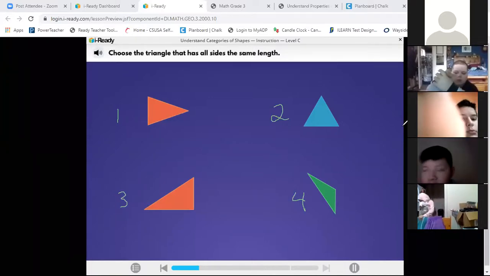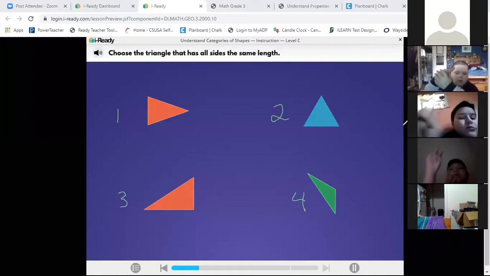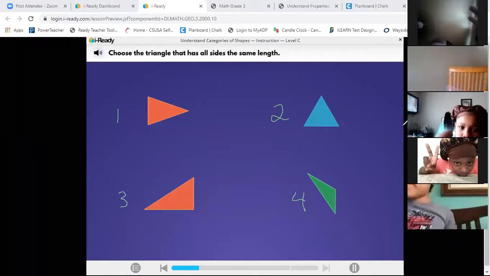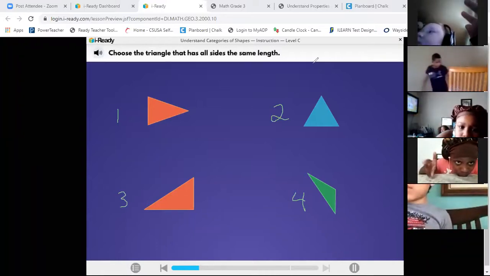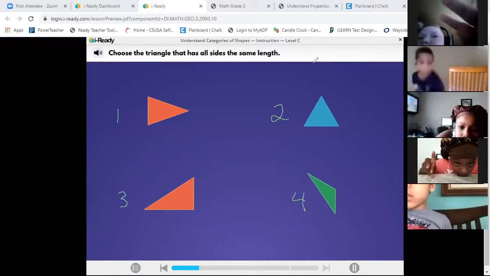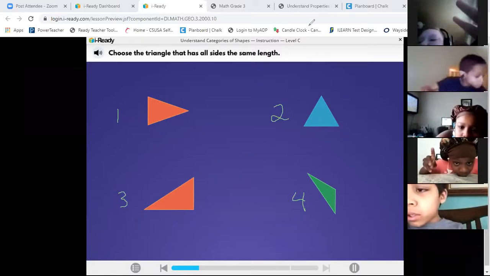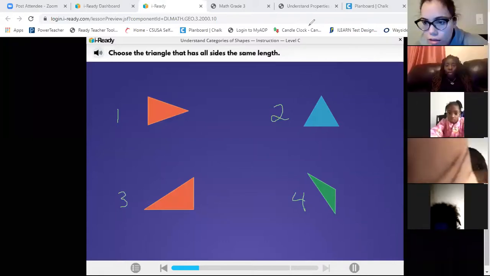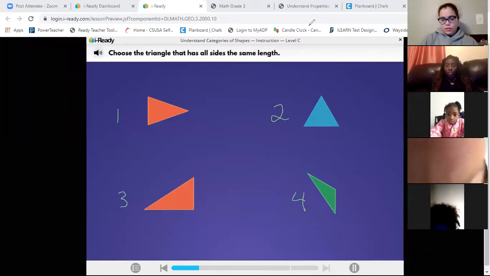I need to see a 1, 2, 3, or 4. I see a lot of 2s. We might need to have them drop it in the chat because it looks like some people are opting out. So everybody drop what you think in the chat, please.